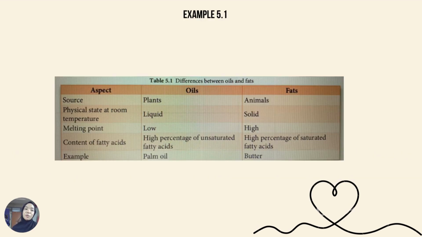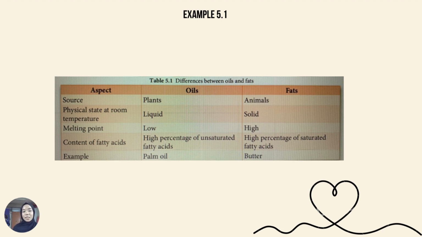Aspect, source: oils come from plants, and fats from animals. Physical state at room temperature: oils are liquid and fats are solid. Melting point: for oils low, for fats high.